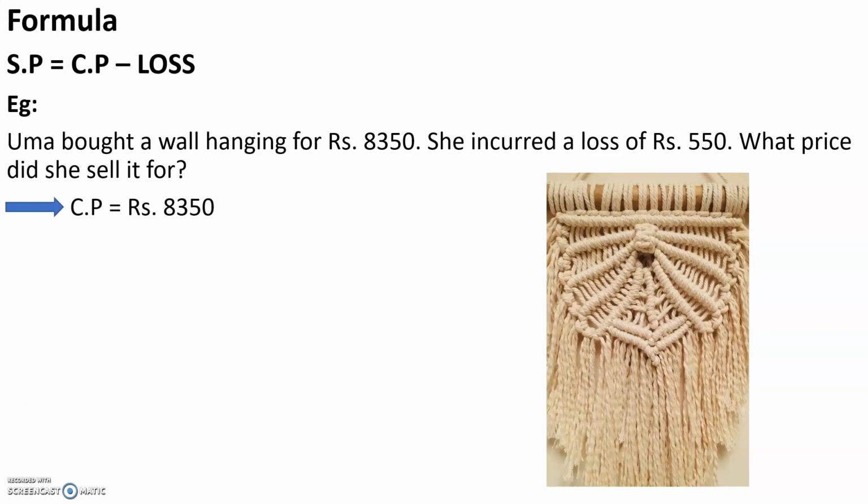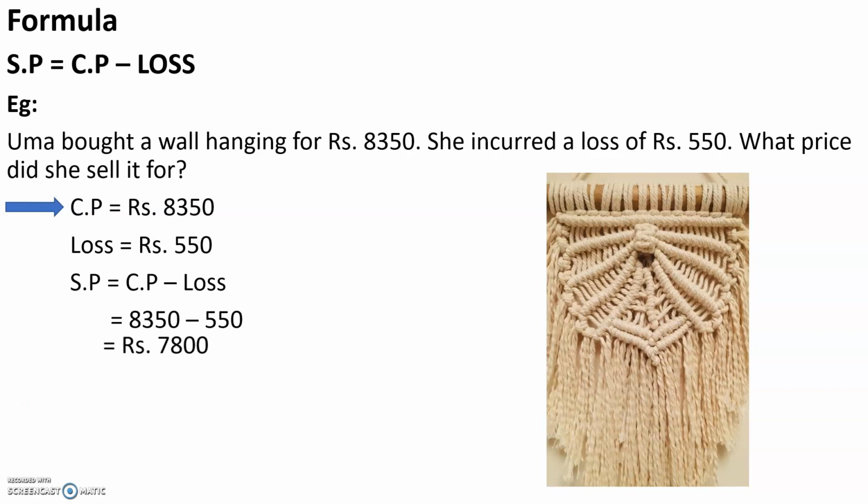CP is equal to 8,350. Loss is equal to rupees 550. So SP is equal to CP minus loss. 8,350 minus 550 gives you 7,800. So the 7,800 is the selling price of the wall hanging. Let's move on.